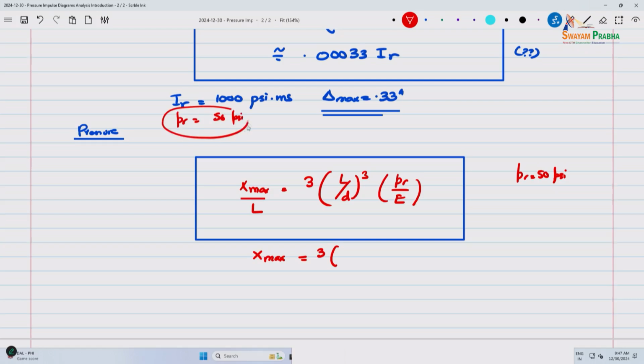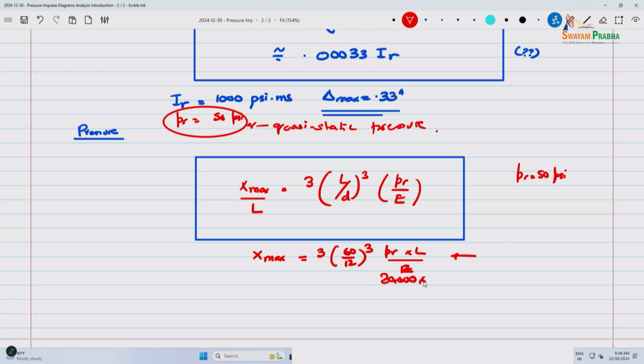If this is in the quasi-static range, you have to determine first of all if it is quasi-static, and then if you go through that, you can get 3 times 60 by 12 cubed PR multiplied by L divided by E, and you can get the E to be 30 million, and you can get X max, and you'll find that X max values are much lower in this case.